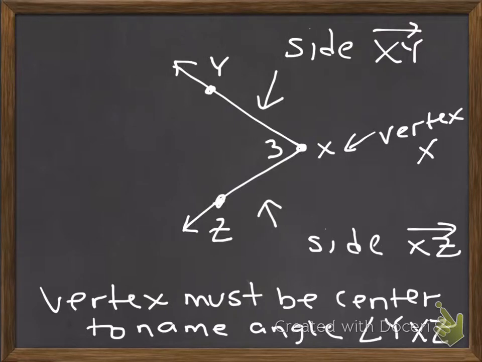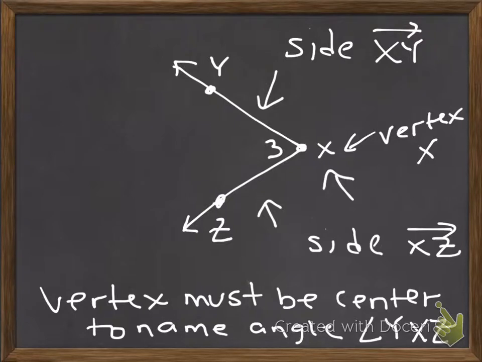Here we have the parts of an angle. When you have the parts, each side of an angle is considered a ray, so you can label it as a ray. The middle point of the angle is known as the vertex, so in this case vertex X is what we would say.